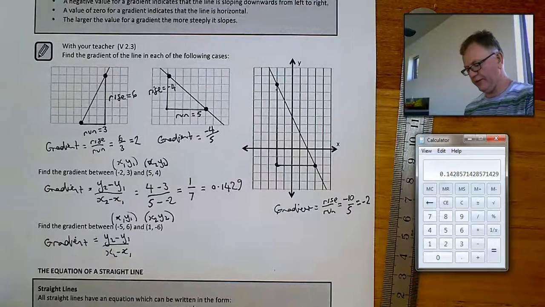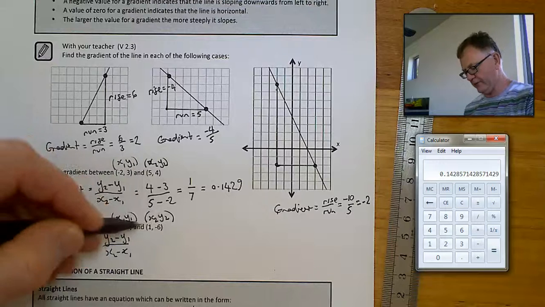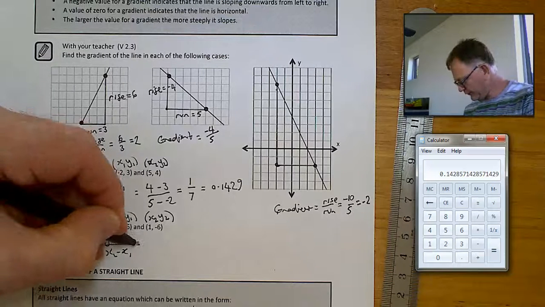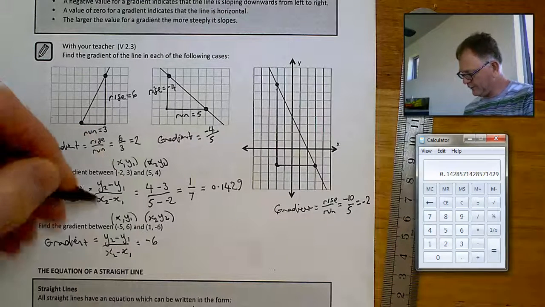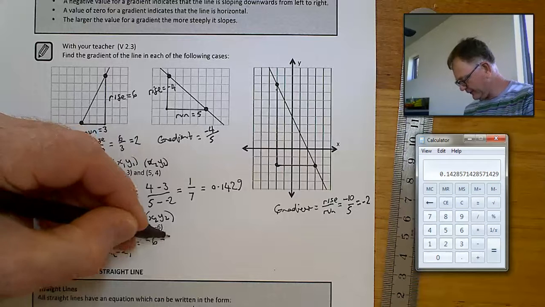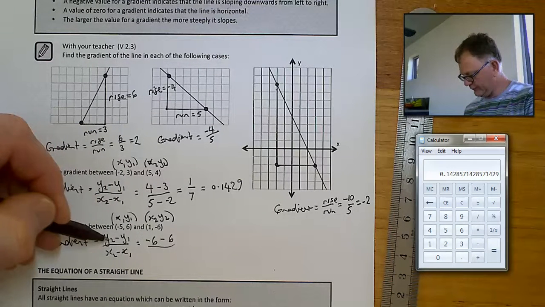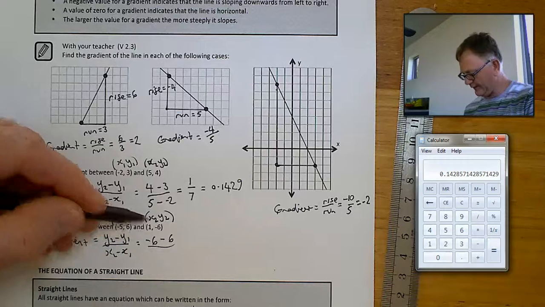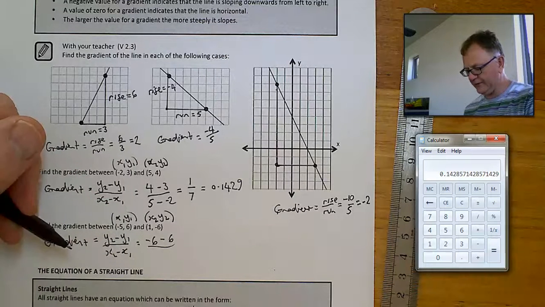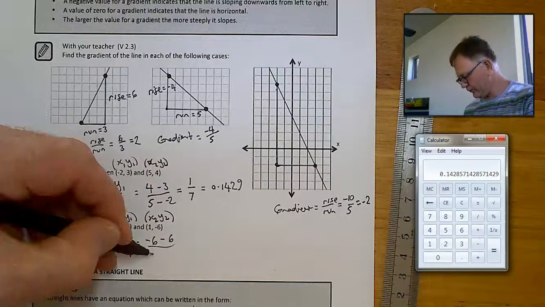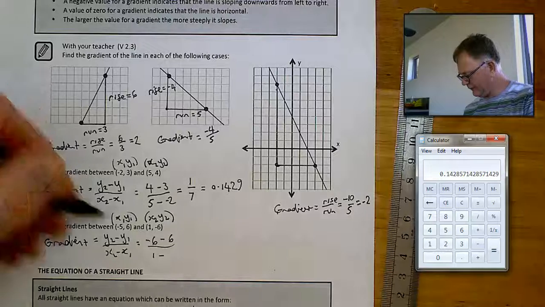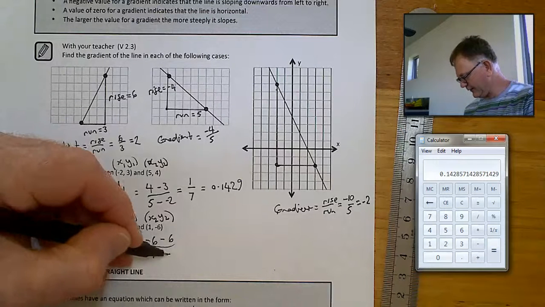Now all I have to do is get these values. For y2 is equal to -6, y1 equals 6, so be careful. We've got y2 minus y1, -6 minus 6, over x2, 1, minus x1, -5.